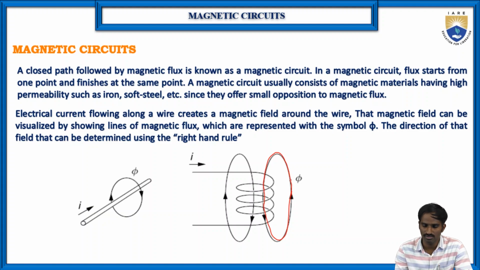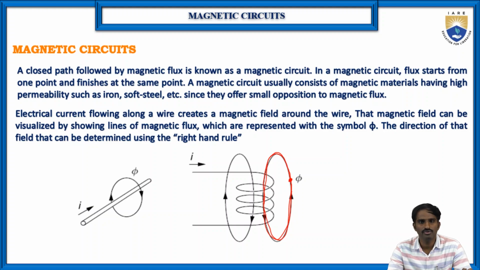Suppose the magnetic flux starts from this point, it will flow through the circuit and again end at the same point. So that is one more property of the magnetic circuit. This is similar to the electrical circuit, where the current also starts at one point and ends at the same point.